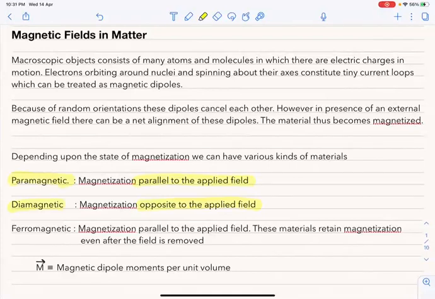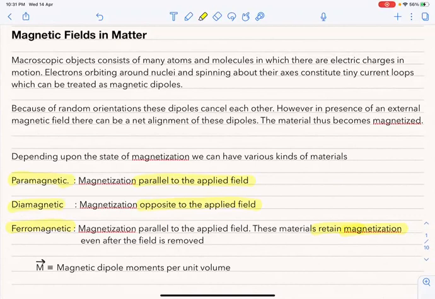And then there is another class of material known as ferromagnetic, where the magnetization is parallel to the applied field, but even if you switch off the field, these materials retain the magnetization. That's very important. Even when there is no field, after you apply it and switch it off, there is some remnant magnetization in these materials.